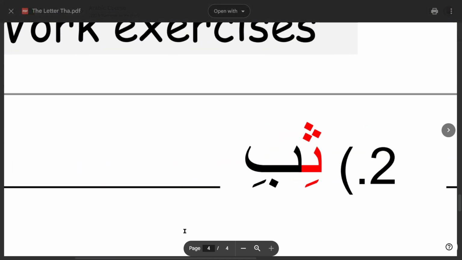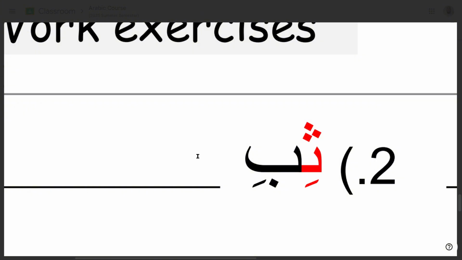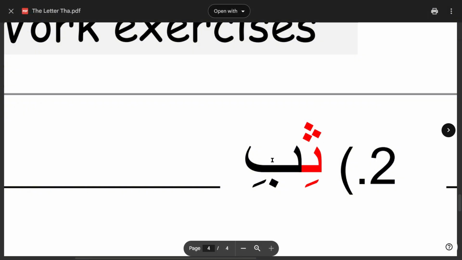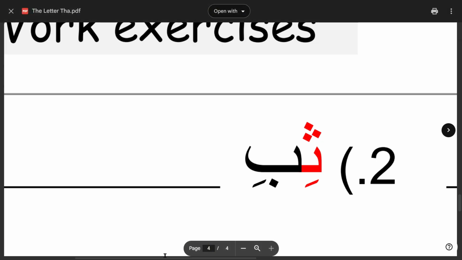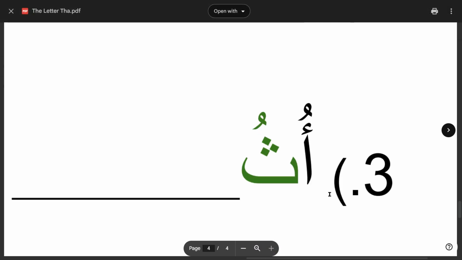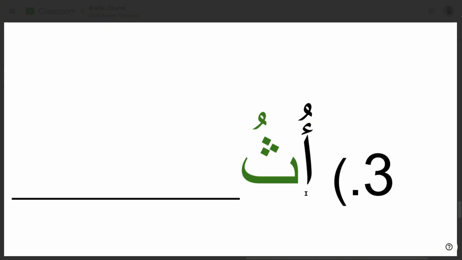Number 2. Thibi. Tha with a kasra, ba with a kasra. Thibi. Good job, bro. That's it. Number 3. Uthu. That's it. Alif dhamma, U. Tha dhamma, thu. Uthu.